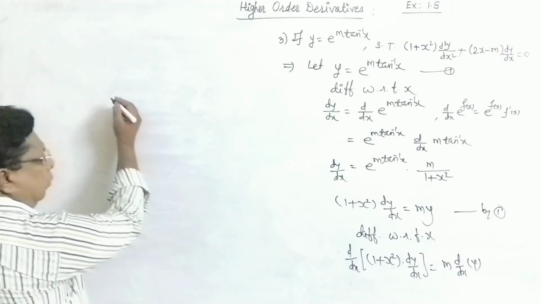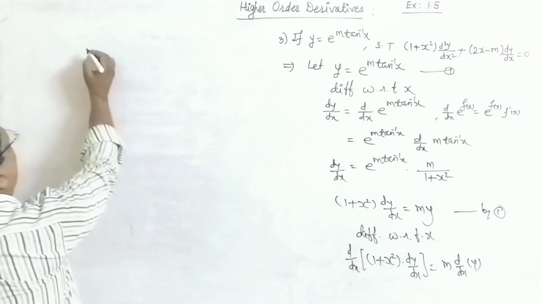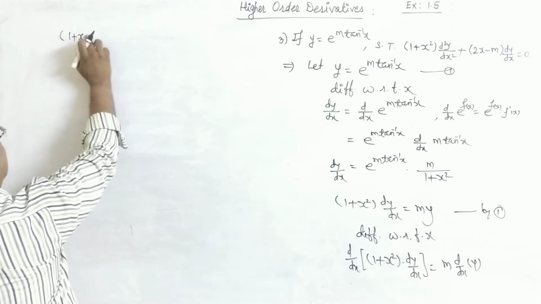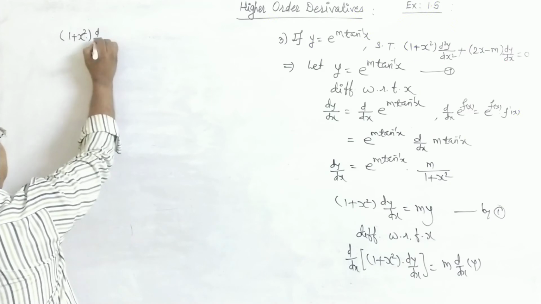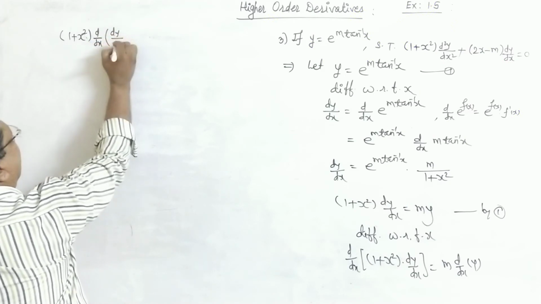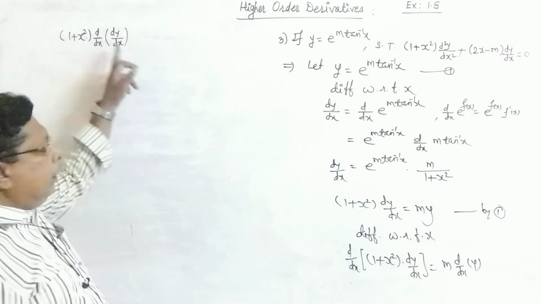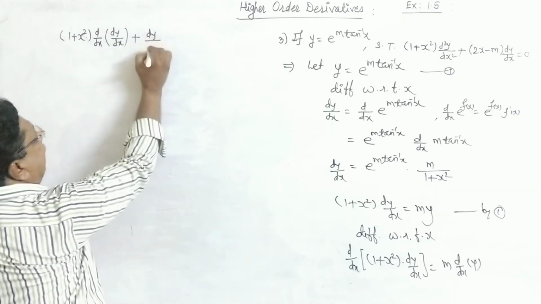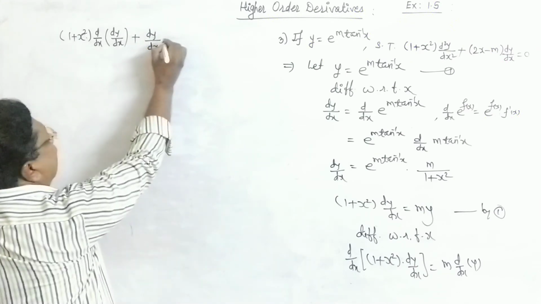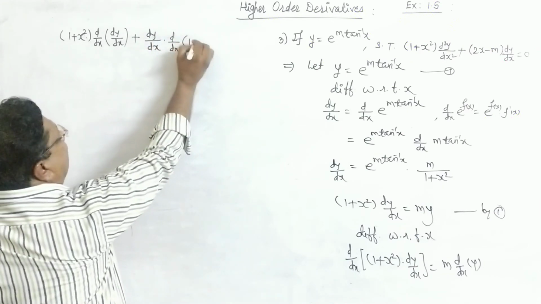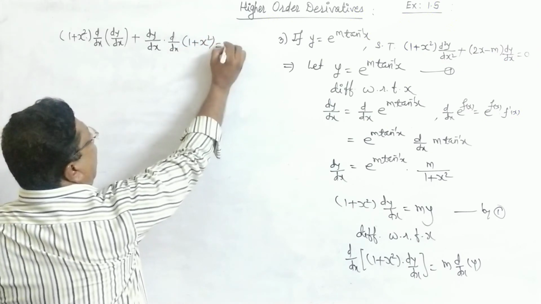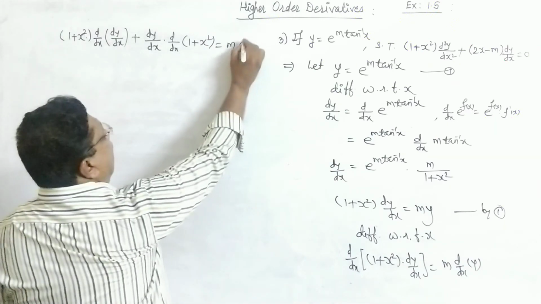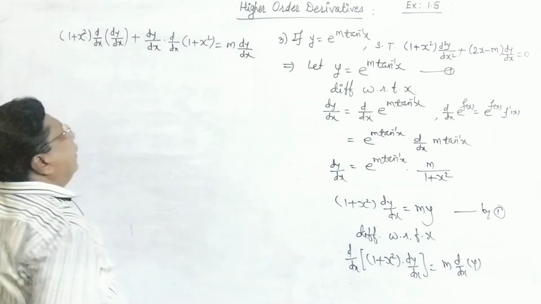By using the product rule, this can be written as first function 1 plus x square into d by dx of dy by dx, u into derivative of v, plus v, v means dy by dx, into d by dx of 1 plus x square, equal to m. Derivative of y with respect to x is dy by dx, m into dy by dx.